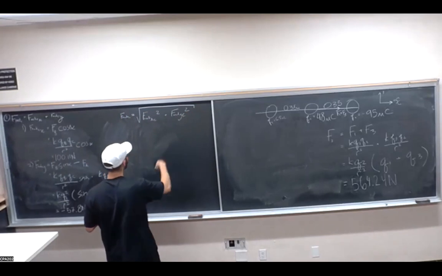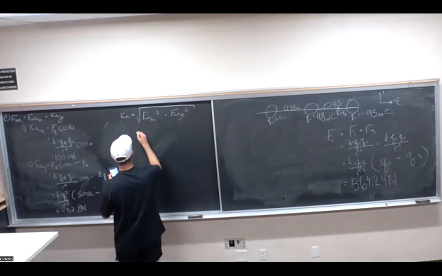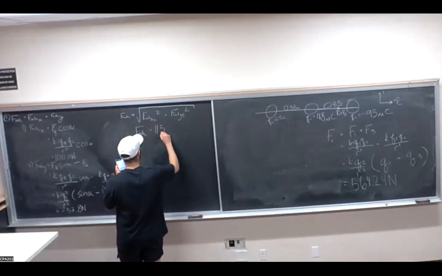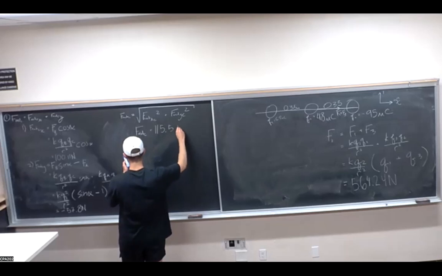And you're going to plug everything in, work everything out, and you're going to come out with a magnitude. So F net C equals 115.5 newtons.